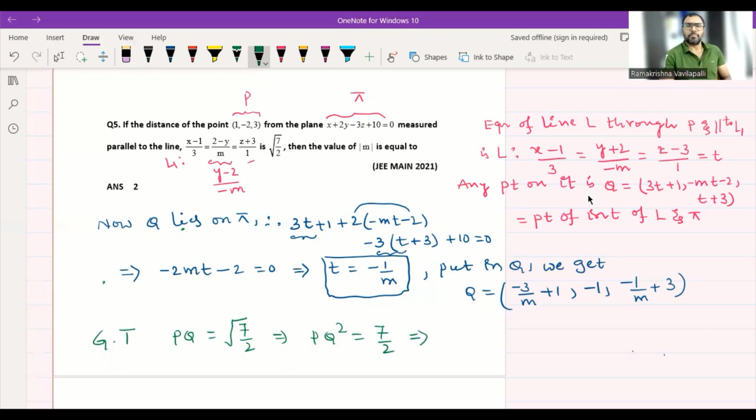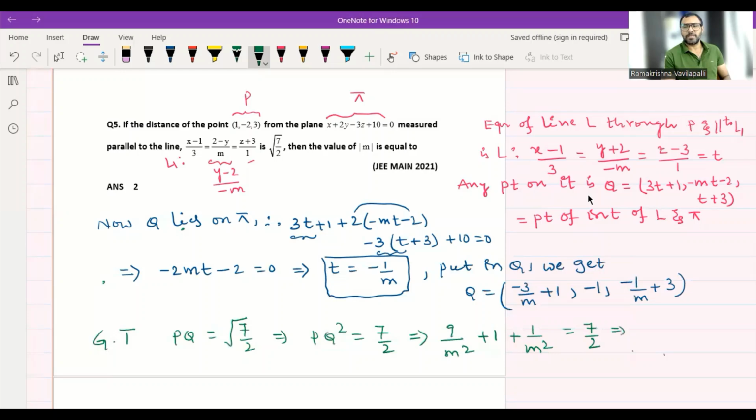Distance between P and Q. So here x2 minus x1 whole square is nothing but 9 by m square, and minus 1 plus 2, that becomes 1, so plus 1, and minus 1 by m plus 3 minus 3, again 1 by m square, equal to 7 by 2.